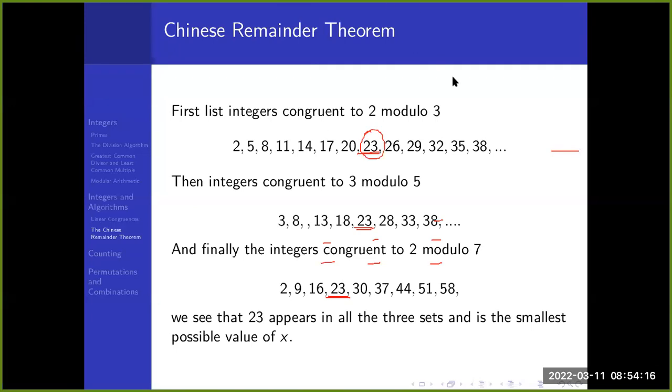But I don't understand why you are. Okay, so the first list of integers. Jason, I cannot hear. Can you type your question in the chat, maybe? I'm asking. Just type. Your microphone is not clear at all.